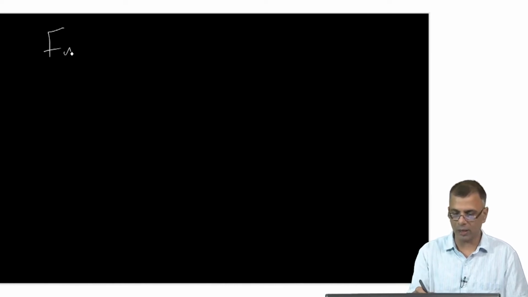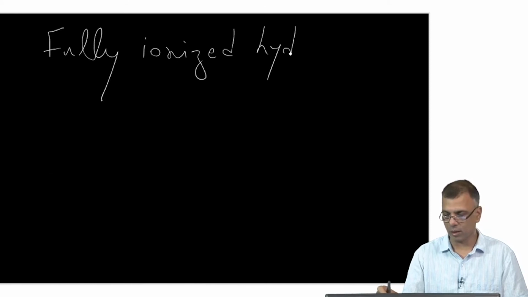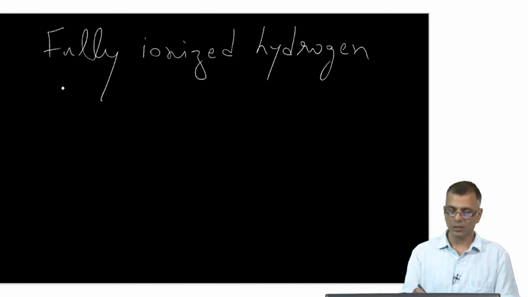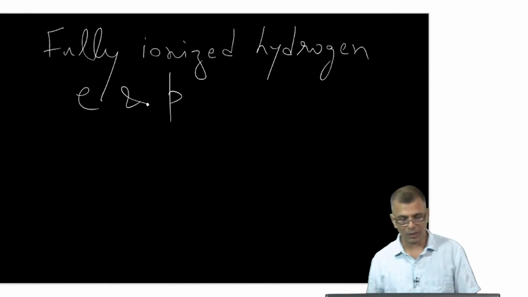Many times what happens is, as matter falls in, there is not enough time for, so let's simply talk about an electron proton plasma, a fully ionized hydrogen. Let's neglect the presence of other heavy elements, so only electrons and protons. Let's talk about this.